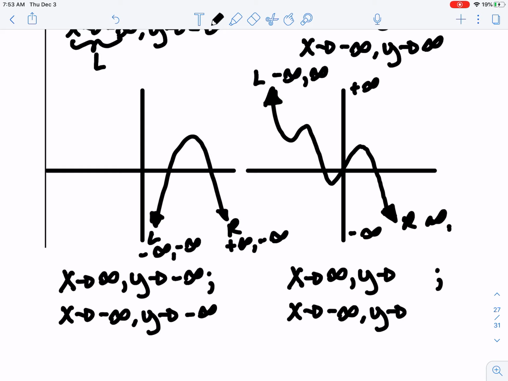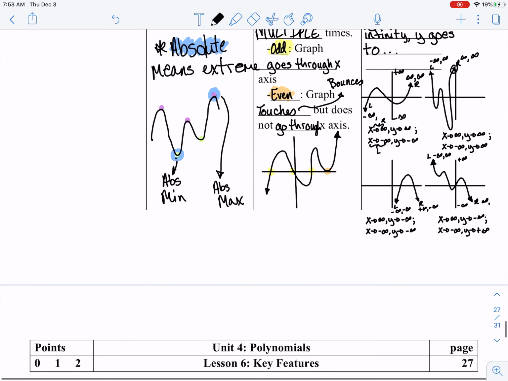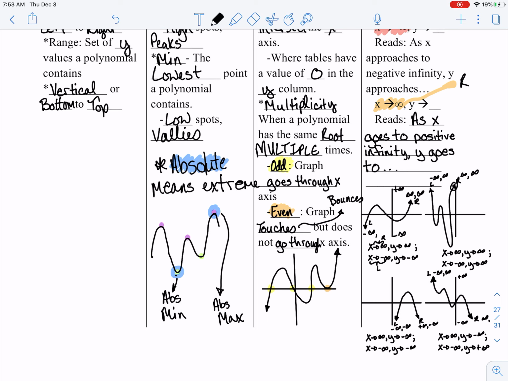So as x goes to positive infinity, so my right dot, the arrow is pointing down to negative infinity. As x goes to negative infinity, so my left, y goes to positive infinity. So again, that's in short the key features, just a quick highlight. In the next video, I actually go through a couple examples.